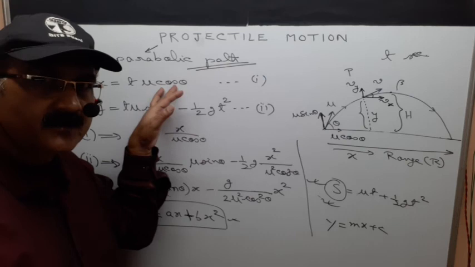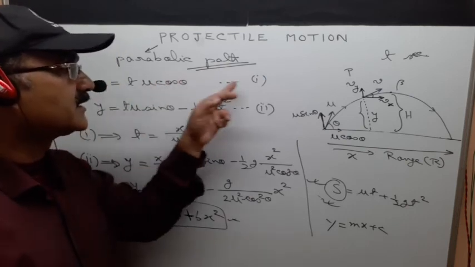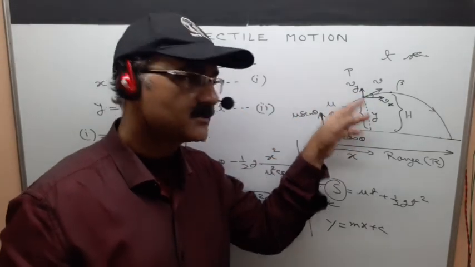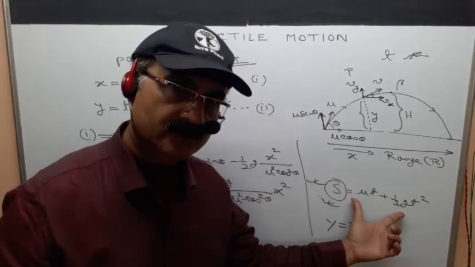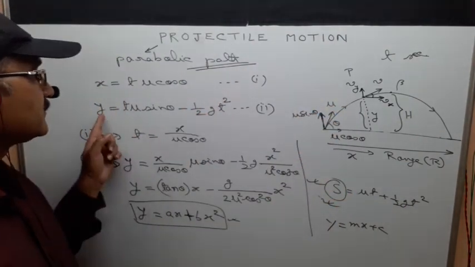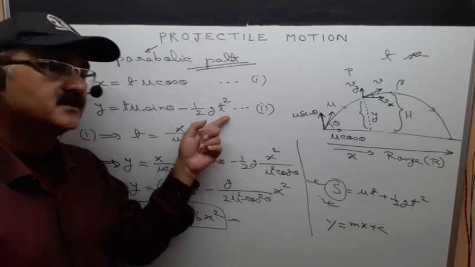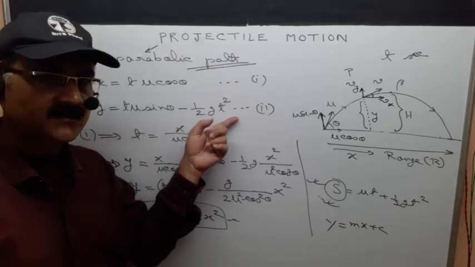This you can remember, you can write in the exam. In the vertical direction, there is acceleration, so we have to use this equation. So y will become this much. This you should understand. It is not difficult. You should be able to write it in the exam.